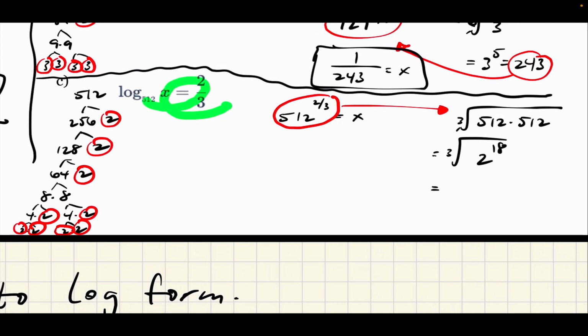So if I have 18 and I'm looking for groups of 3, how many can I take out? 6. And what is 2 to the 6th? 2 to the 5th is 32. So one more, 64. Move that guy back in.